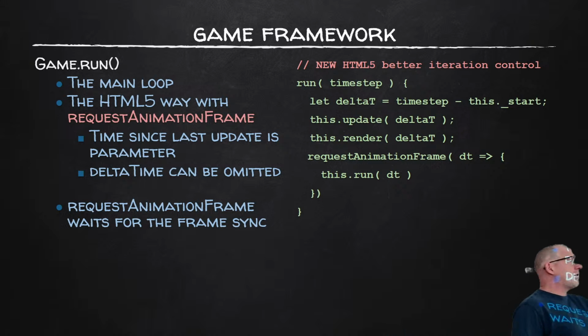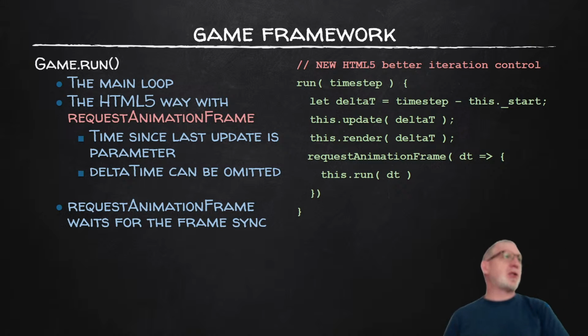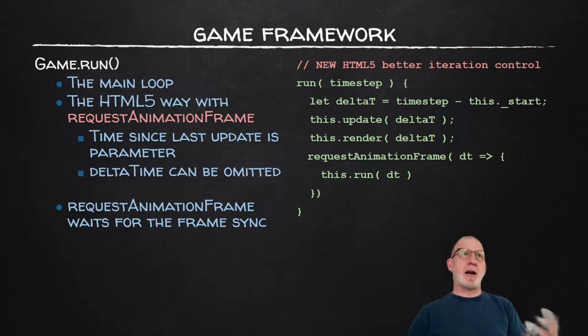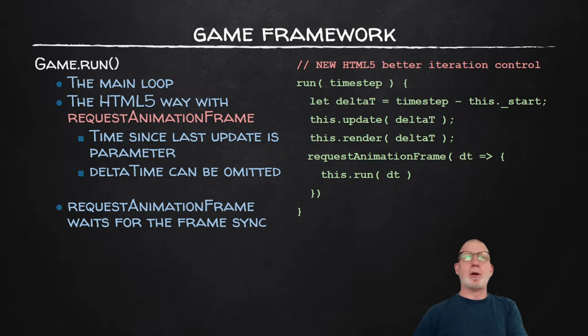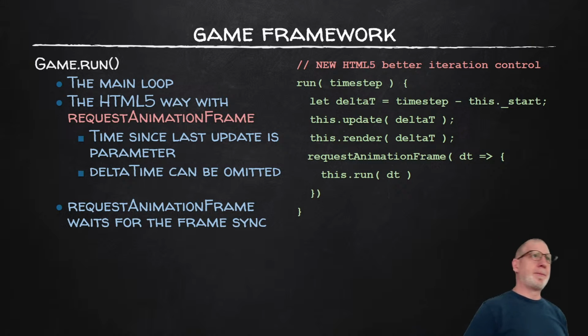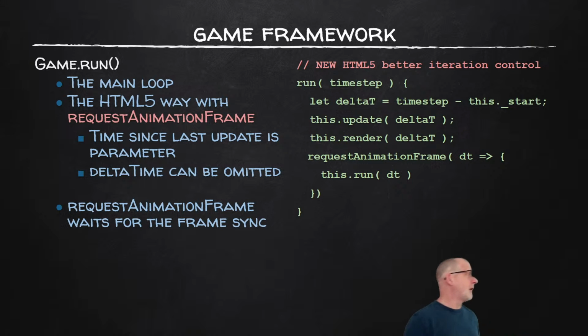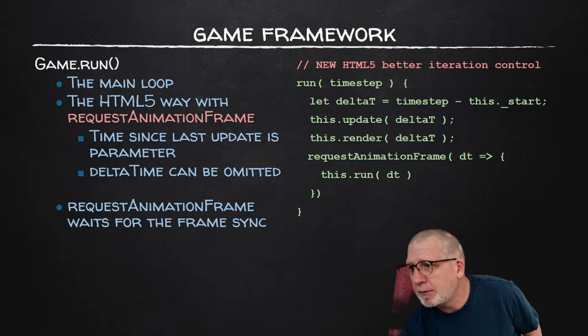The request animation frame is going to make sure that we don't blow through the stack. So it's just going to throttle itself. So if you do something dumb, your whole thing's not going to die. You can stop it in the debugger. You can debug what you did that's not working properly. It'll just go slower. And that's going to be a big benefit to us figuring out how we build this application, okay?